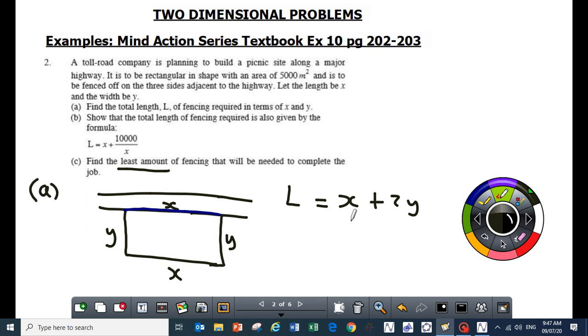Someone might have seen it as 2X plus Y. It's very much good to have 2X plus Y, but if you use 2X plus Y, you will have challenges getting that equation. You won't get that. So if you try 2X plus Y and you can't get the equation in part B, then you do the opposite.